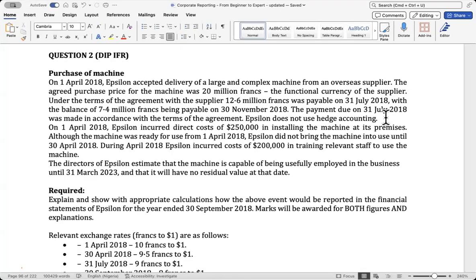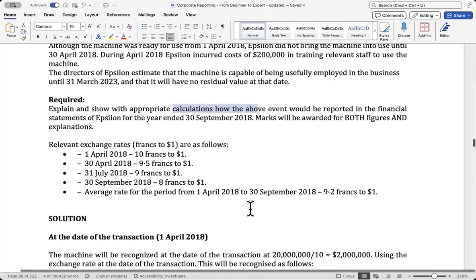Epsilon does not hedge, and incurred direct costs, ready for use in April. It incurred additional costs on training. It estimates the machine will be used until it has no residual value. Explain and show appropriate calculations how the above events should be reported in the financial statements of Epsilon for the year ended. And they gave us the exchange rate.